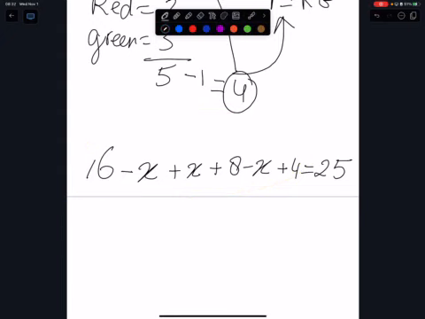16 with 8, 24. Minus x, minus x equals 0 minus x. Oh, so I need to add 4. My apologies. It's 28. 28 equals 25. So how do I find x?